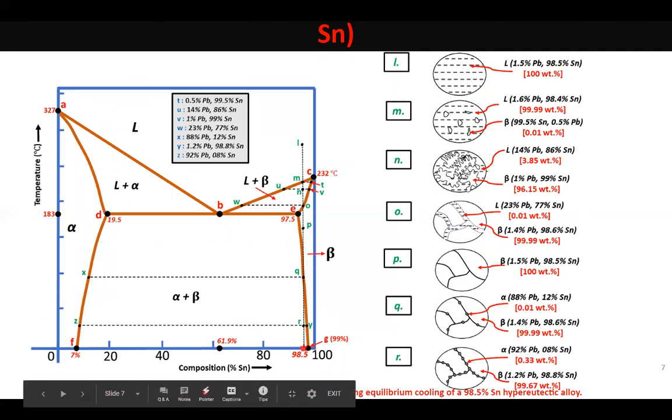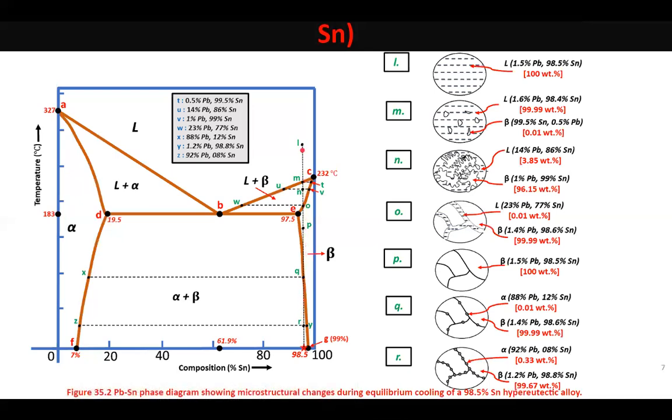So we mark this composition and we draw a vertical line, take this alloy at a very high temperature corresponding to point L when it is in a completely molten state. What you can see is that here it has just got liquid solution in it. As it reaches its eutectic temperature, solid phase appears.